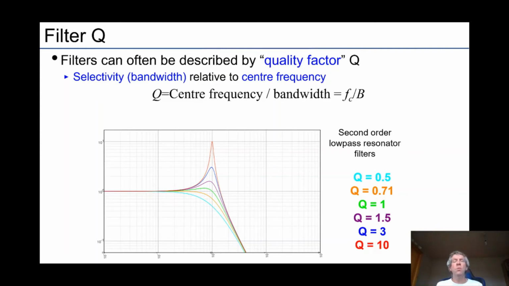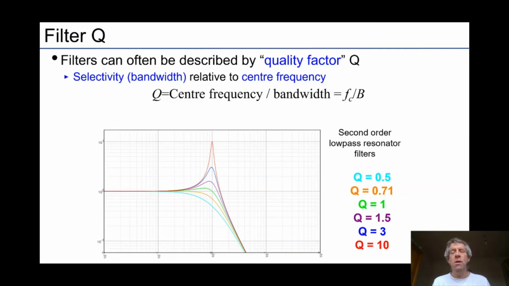So really what someone is interested in is how narrow or how wide is the bandwidth in comparison to where the center frequency is. So we use Q, which is center frequency over bandwidth.